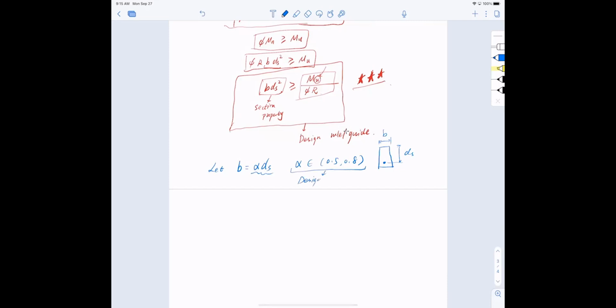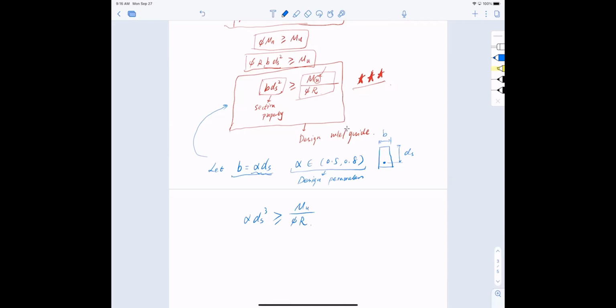Now with that, I can go back to this equation and find that alpha ds cubed has to be greater than or equal to mu over phi r.